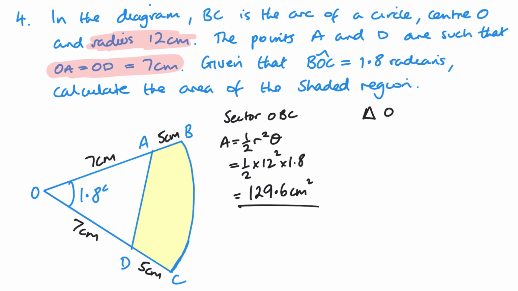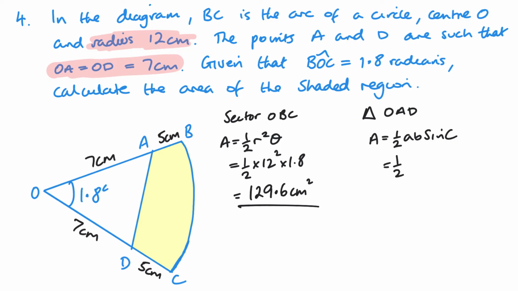So the triangle OAD. And the area of a triangle is half AB sine C. Or remember, in our kind of case, it's like half radius squared times sine C in a way. But this radius is a little bit different, so I'm just going to stick with using AB.